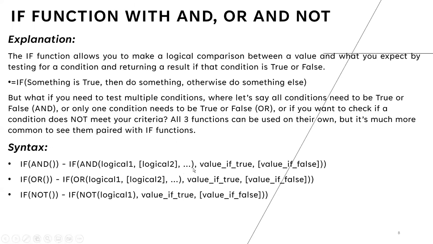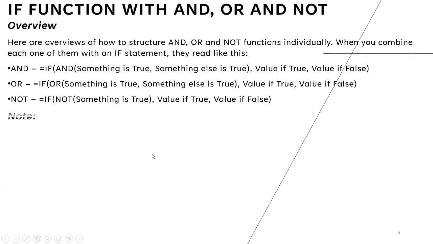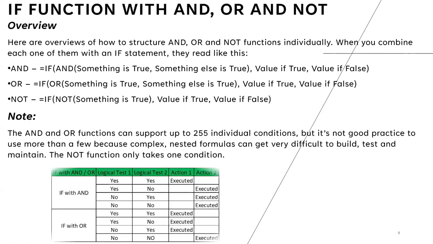These dots represent 255 tests. So when you are using IF with AND, or IF with OR, you can give up to 255 logical tests that you can check. But if we talk about NOT, it supports only one condition at a time.